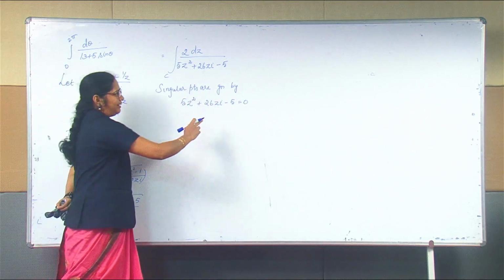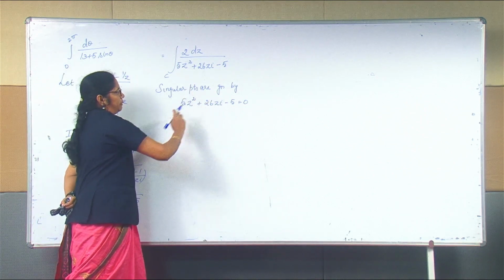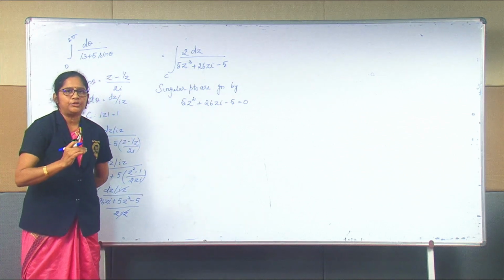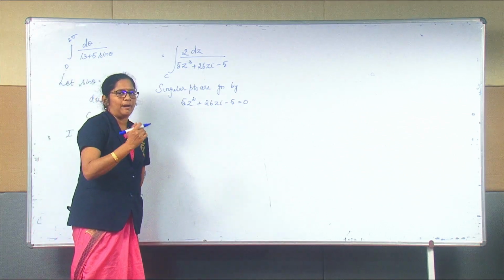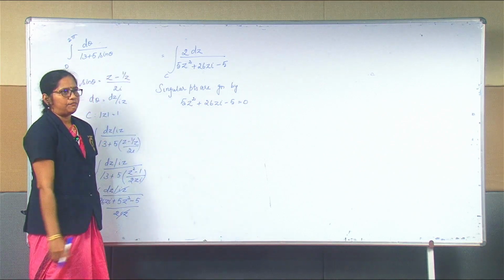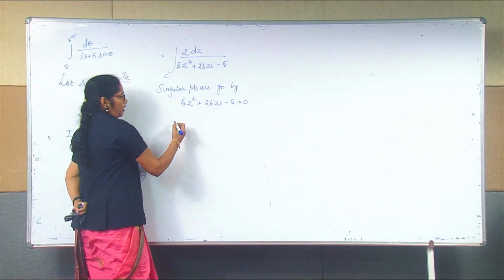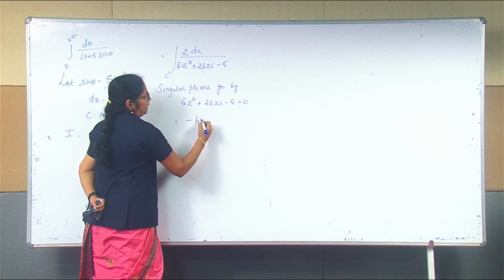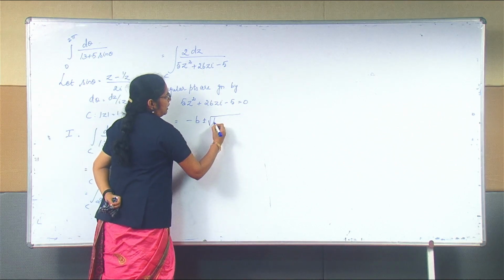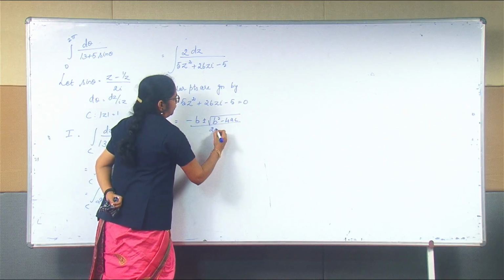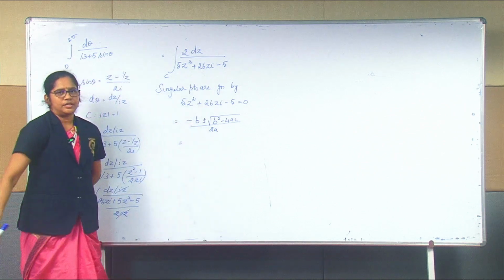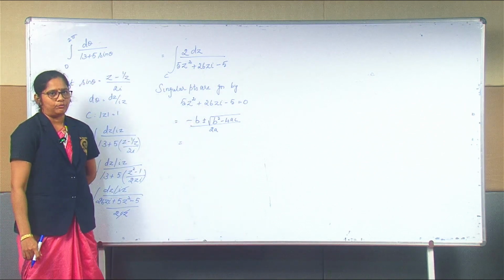As you know, this has a complex number in between, so it is difficult to find directly. So what shall we do? We know the quadratic formula; every one of us knows it. What is the quadratic formula? Minus b plus or minus root of b square minus 4ac, by 2a. By using this formula, we are going to find the roots.